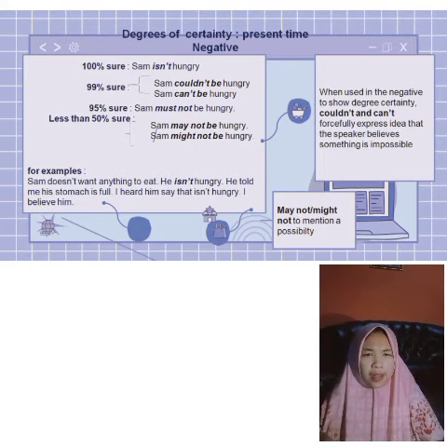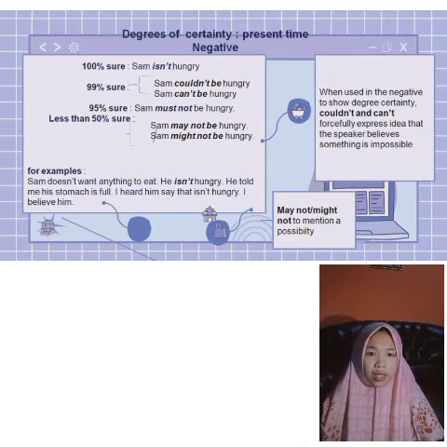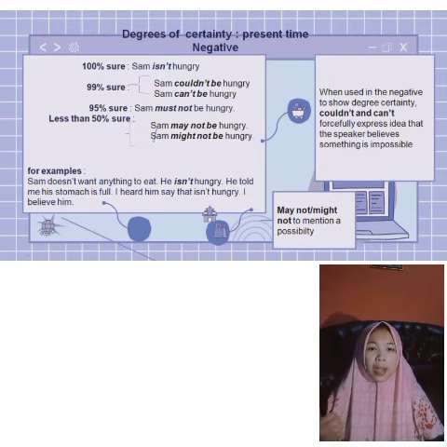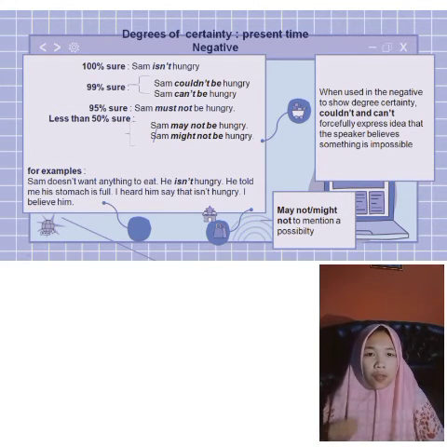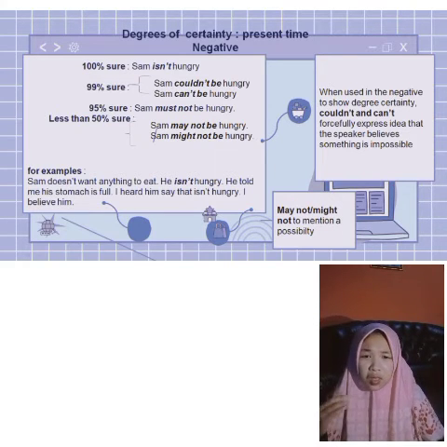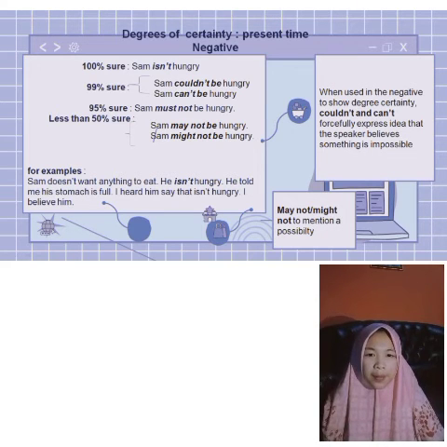At a 50% certainty rate in negative, may not be or might not be are used when we want to state that we feel half uncertain that something is true or is happening.